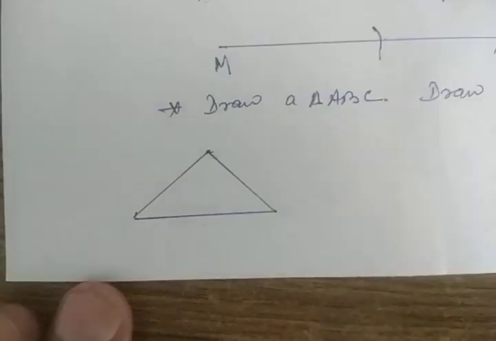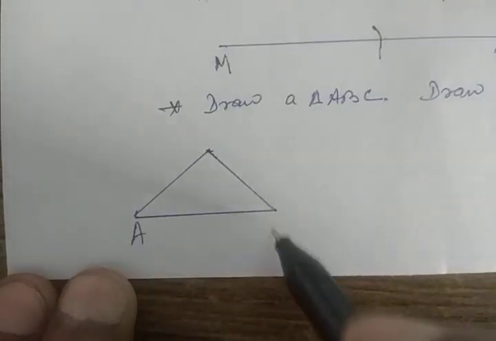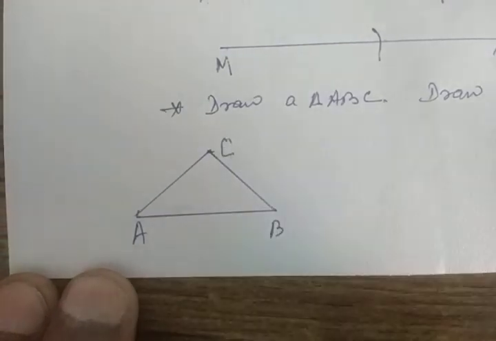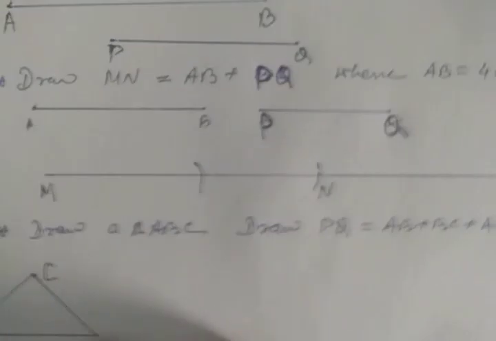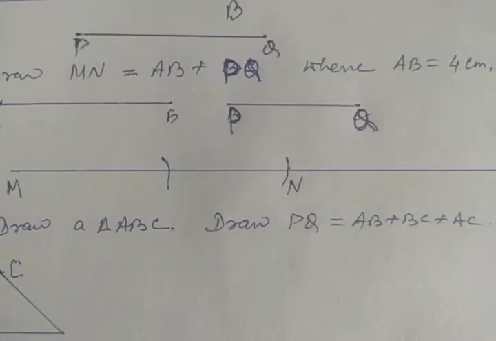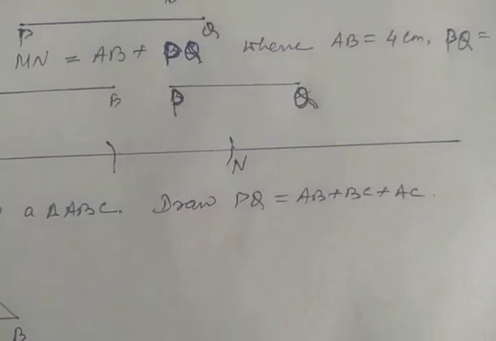So just see, using the scale I have drawn this ABC without any measurement. And now I have to draw PQ, which is equal to AB plus BC plus AC. Is it clear? AB plus BC plus AC.